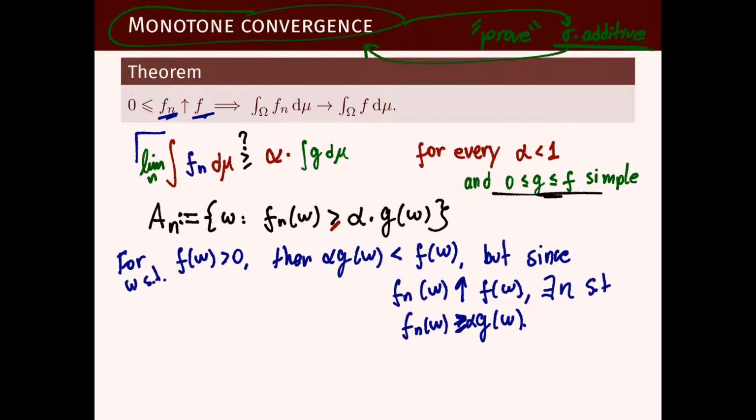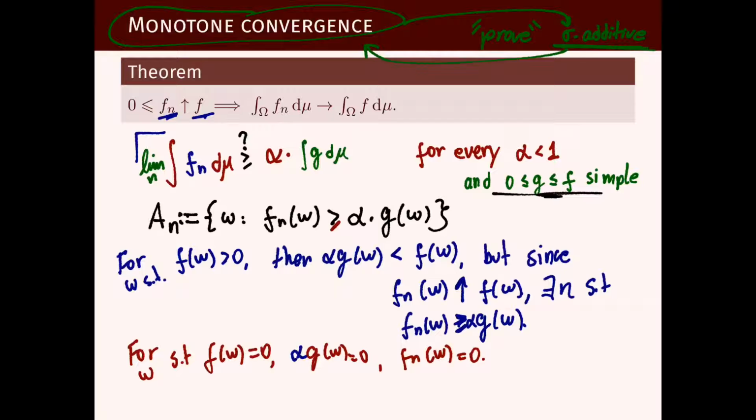the other case, which is for omega such that f of omega is equal to 0. We have g of omega has to be 0, Fn of omega has to be 0. We can also multiply by alpha if we want. It will not change anything.